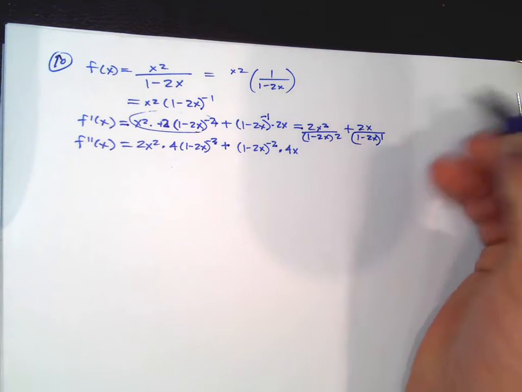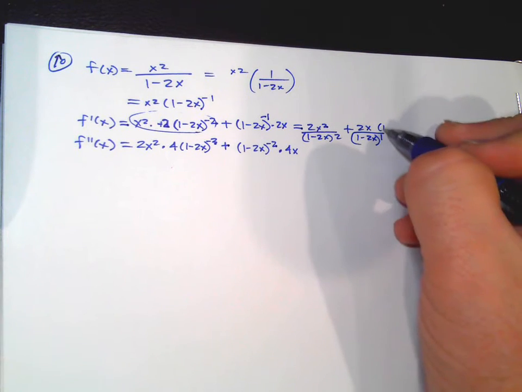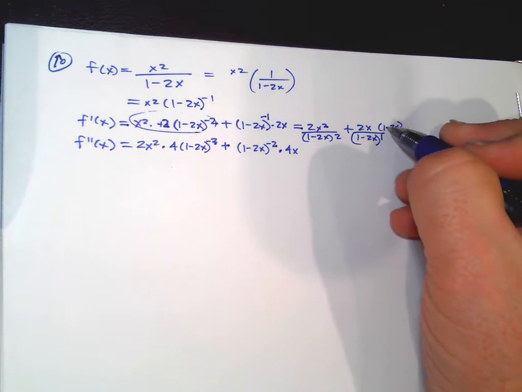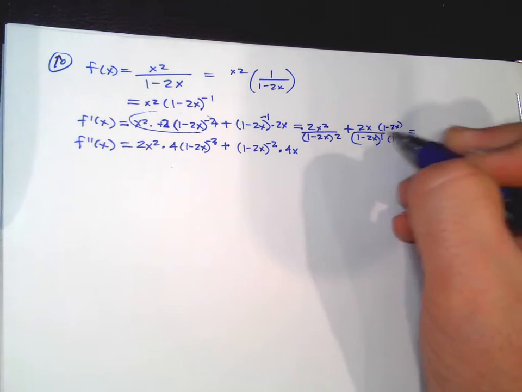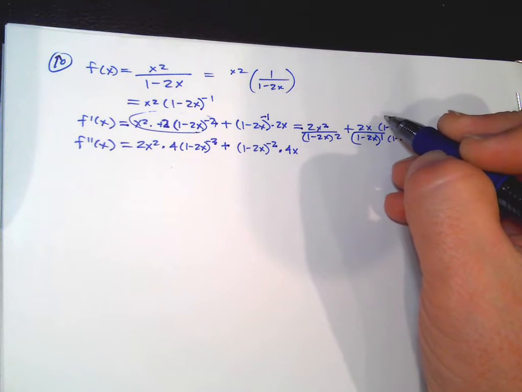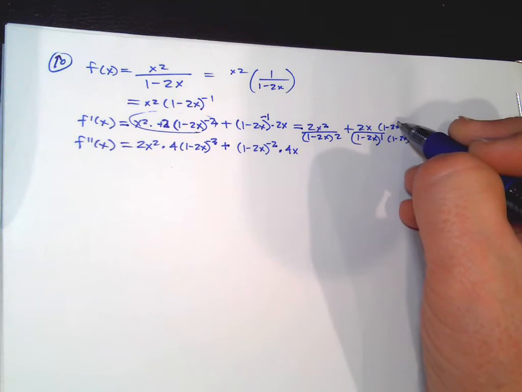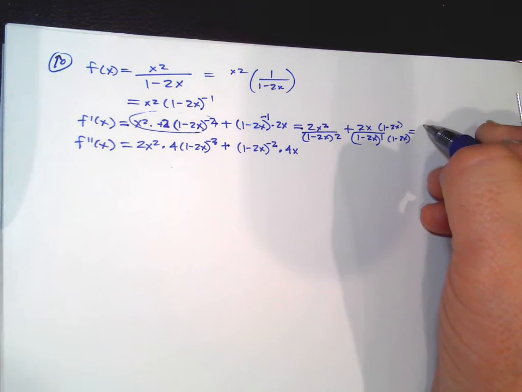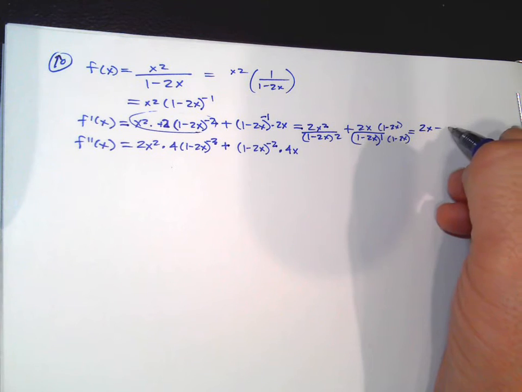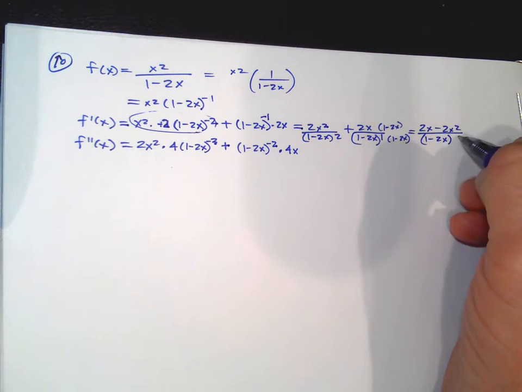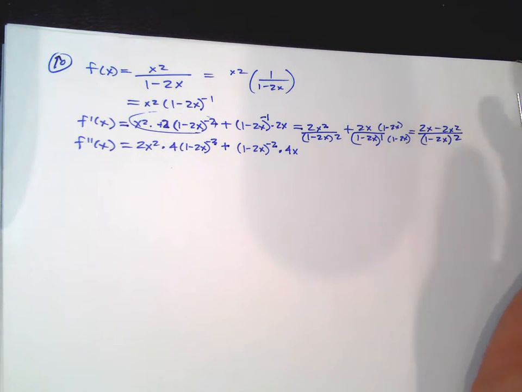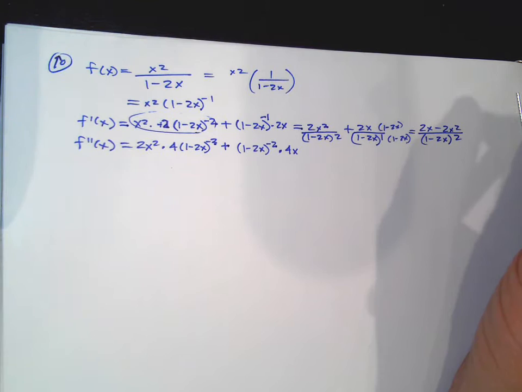So if we combine these, do we have any hope? That would be the idea. So you have 2x squared plus 2x minus 4x squared. So you have 2x minus 2x squared. Is that better? Doesn't really look like it.